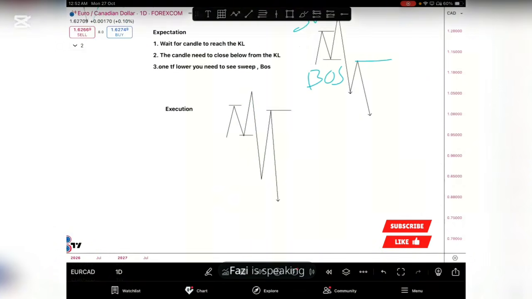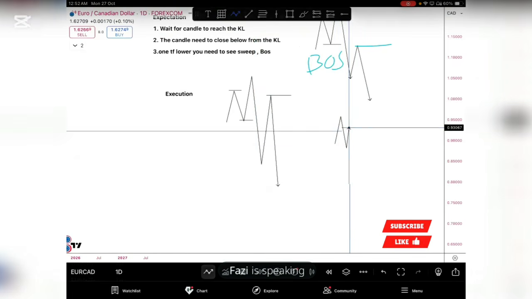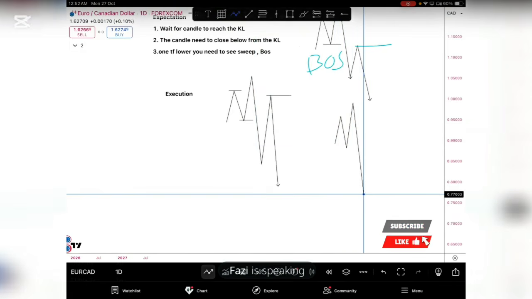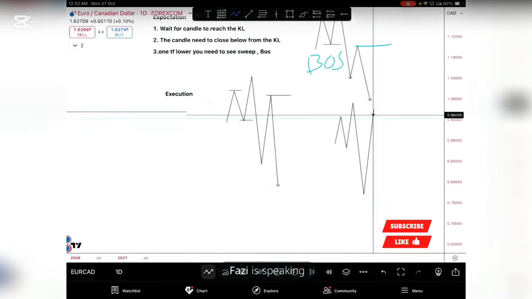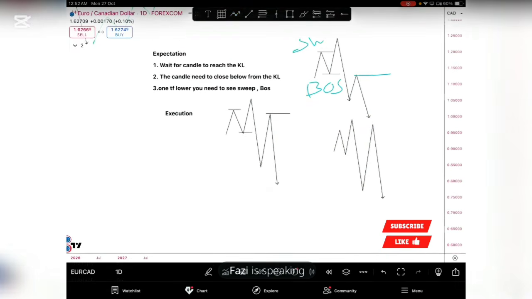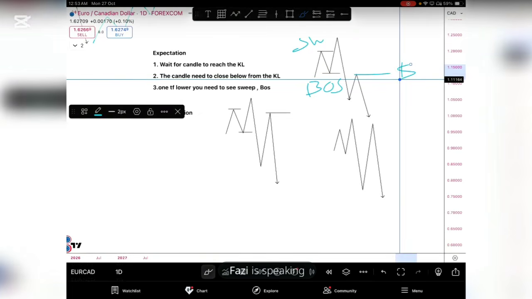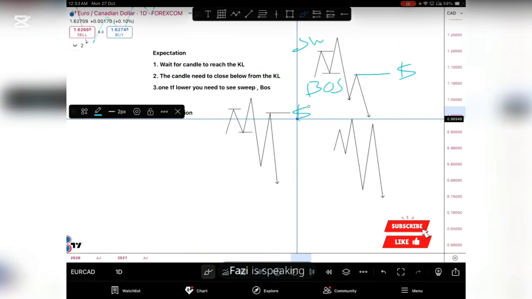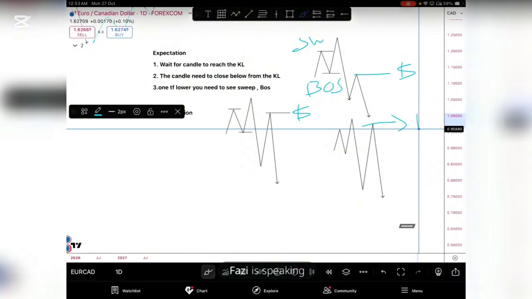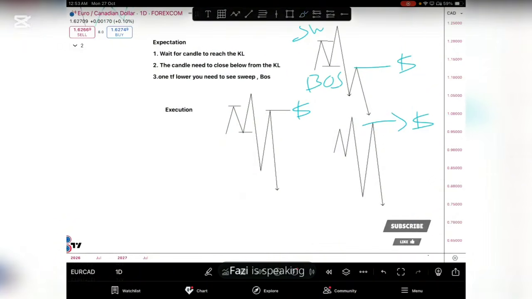Understand? The other thing is that the price can create liquidity nearby the extreme level. So this is how the liquidity is created in 3 ways. The first way is below the breakout structure, the second way is above the breakout structure, the third way is nearby the extreme level. After seeing that, we can find our entries by this liquidity.